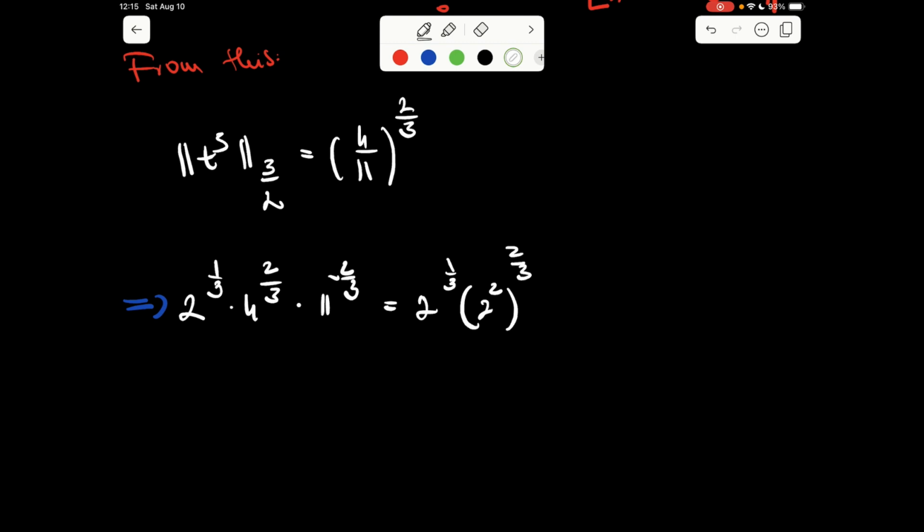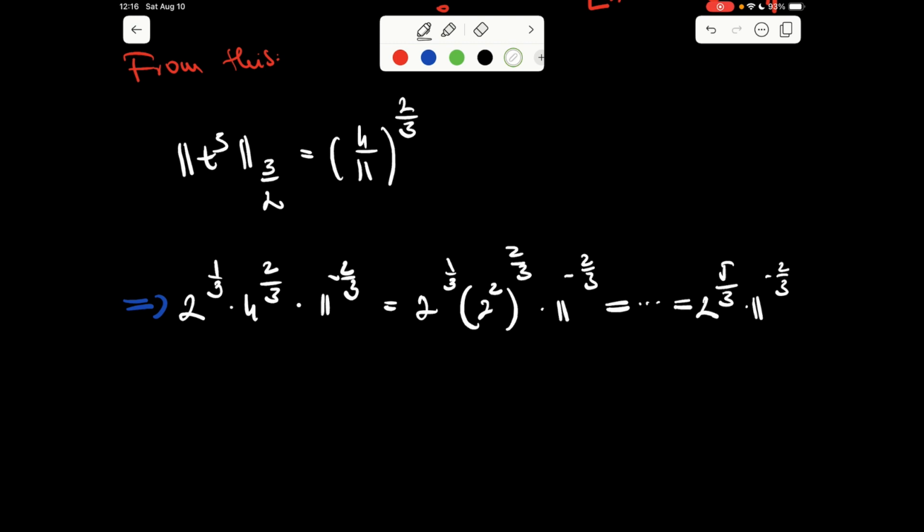To add 1 over 3 to square 2 over 3 multiplied 11 add minus 2 over 3. So after a few steps we receive this number as our result.